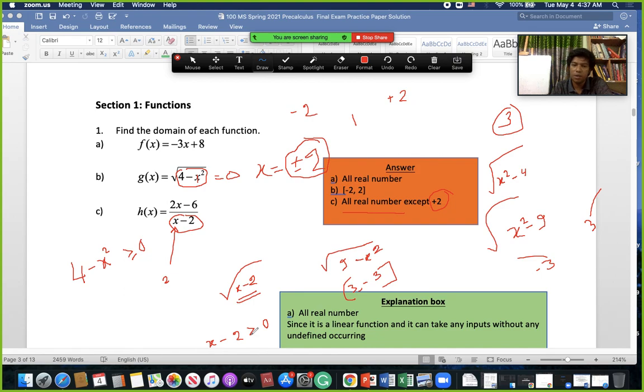Equal to is not valid, because if it is equal to, then this function becomes undefined. This is similar to our previous comment: we have to look for what value of x this function becomes 0. So it cannot take 2.